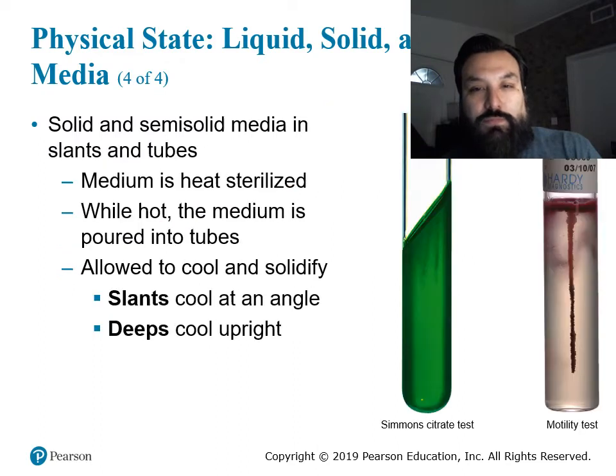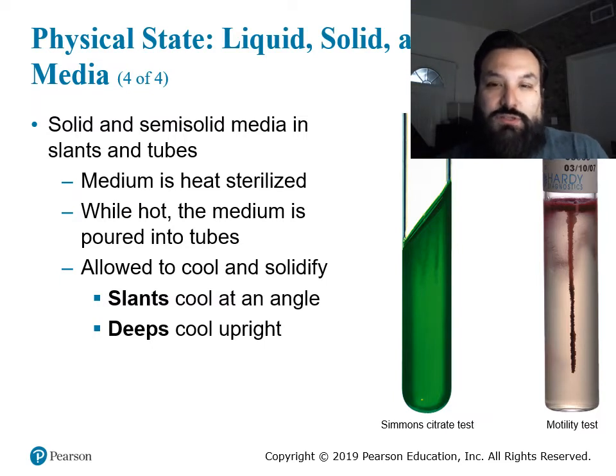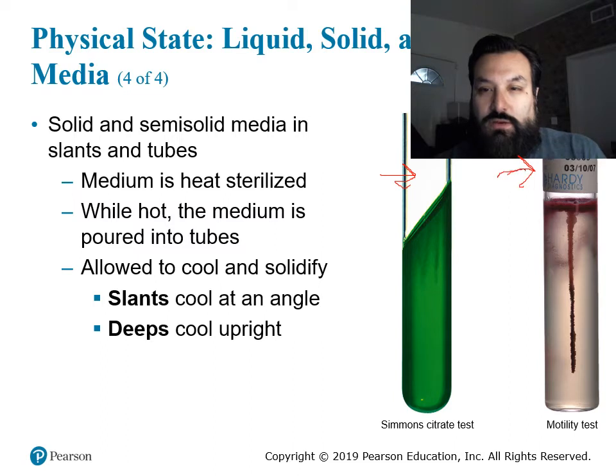Okay. So we can also use solid types of media, and we can put it in test tubes like you see here. So this is a solid media. This is also a solid media. Depending on what kind of media it is, sometimes we can use a slant just like that. We can use a deep just like this. And we can test different things off of that.